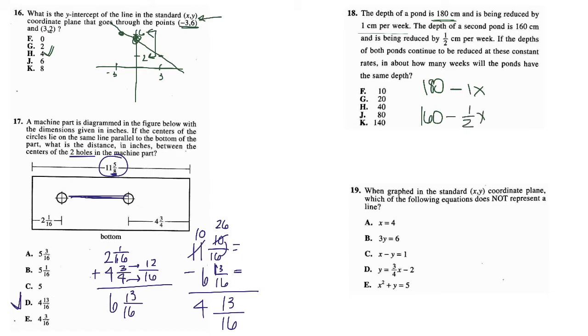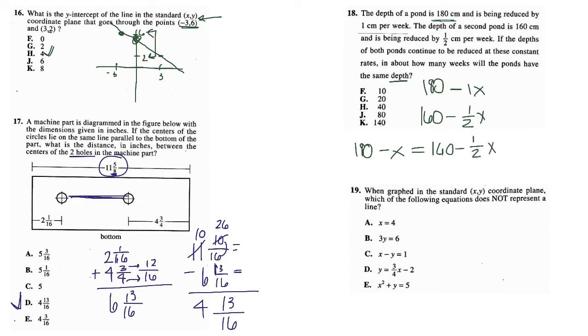and the depth of the pond is 160, and it is decreasing 1/2 centimeter per week. And we want to know, well, when will these 2 ponds be at the same depth? So we can set these 2 equations equal to each other. So we have 180 minus x is equal to 160 minus 1/2 x.